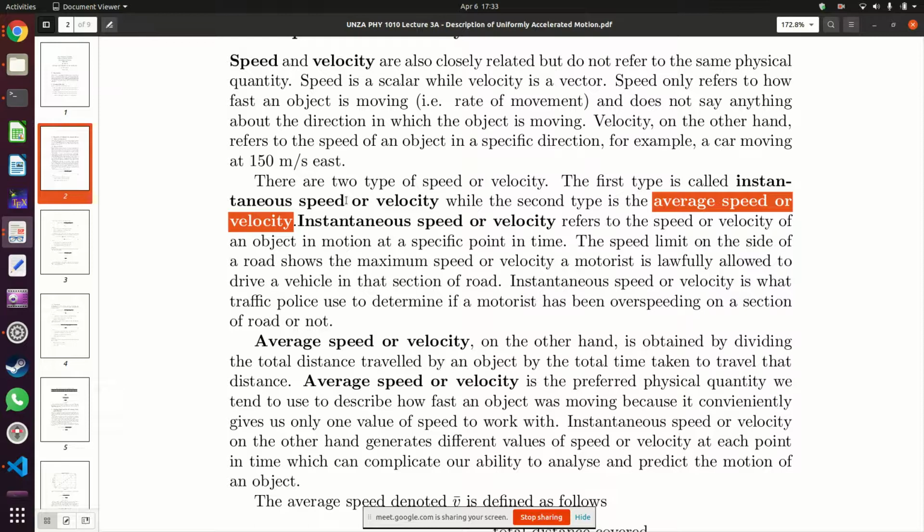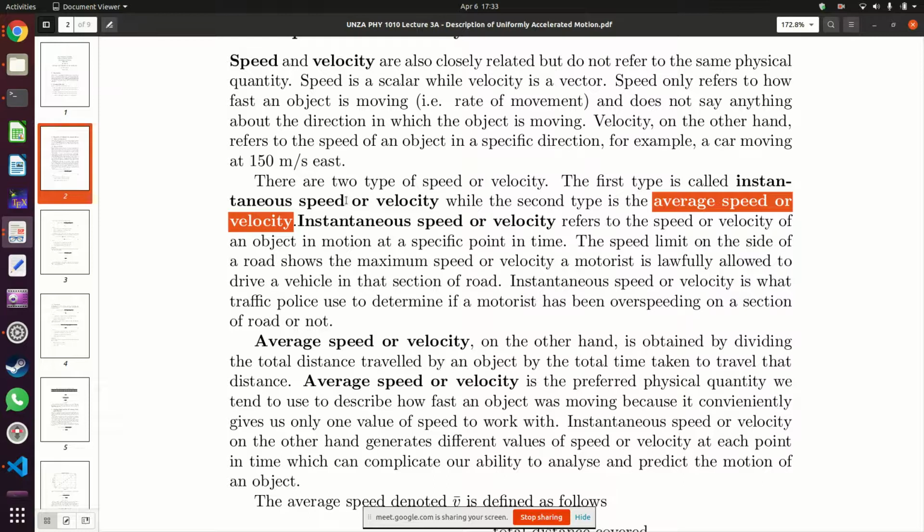The initial speed or initial velocity is the speed of an object the moment we become interested in it. And the final speed or final velocity is the speed of an object the moment our interest in this particular object ends.